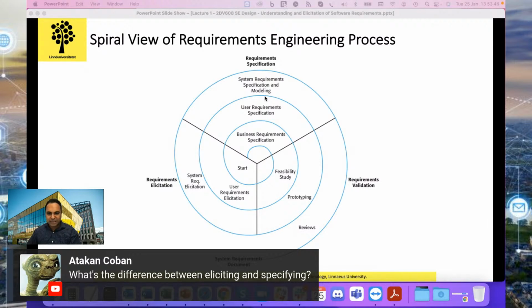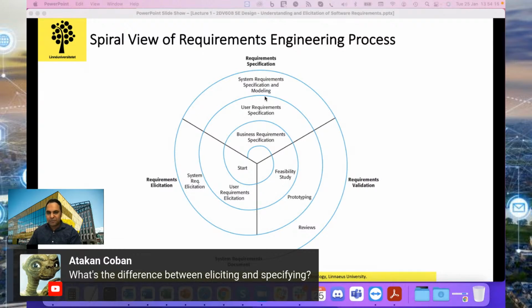You are eliciting them in a high-level language, the way they explain and tell you the requirements. But this elicitation might have ambiguity, overlapping, unclear statements, and any other gaps in the statements themselves.